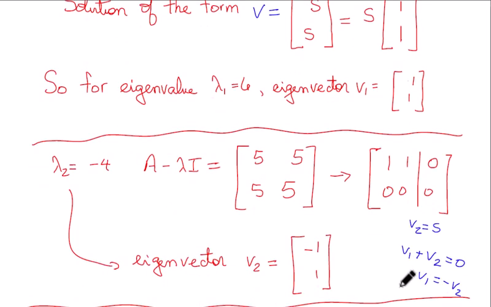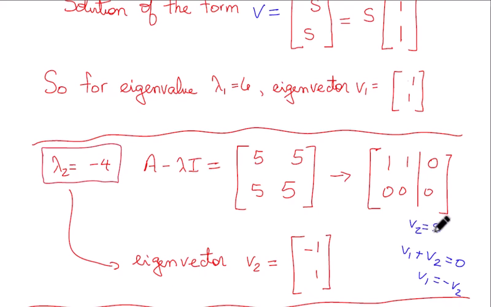Then I repeat the process by picking the other eigenvalue of minus 4. Plug it in. Again, we're going to row reduce this, divide this by 5, clean this up, and we get this. Looking at this, I see a row of zeros.